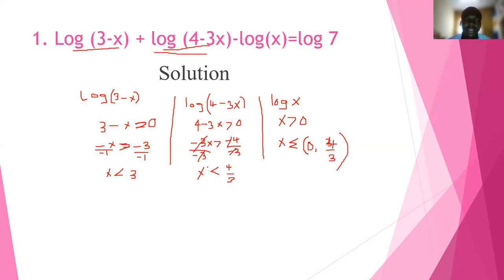So this is the range. Any value of x that we get which is more than 0 and less than 4/3 is the one to be considered, and any value outside it will not be considered correct. I think from there you have gotten that.